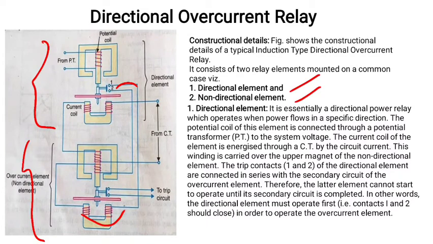So the flux produced by the primary winding of the overcurrent element interacts with the flux of the secondary winding, and the disc rotates and closes its contact to the trip circuit if the fault current is greater than the pickup value set by the plug setting.